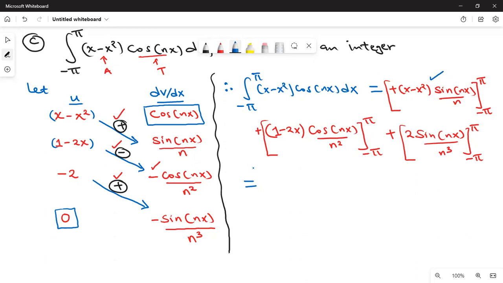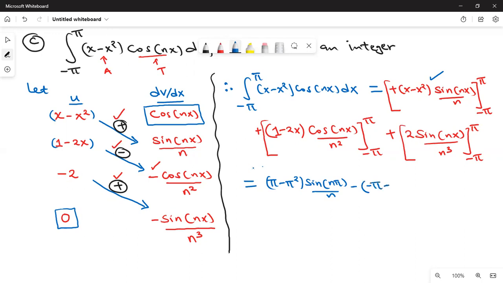Where there is x, you put pi, so the first term is pi minus pi squared, times sine n pi over n, then minus, with the lower limit where x is negative pi.